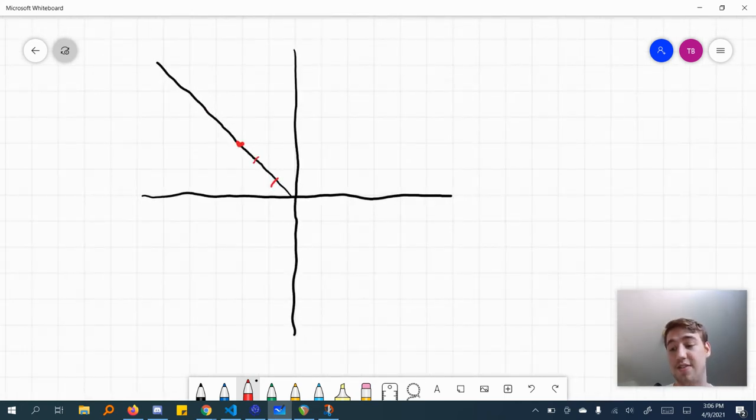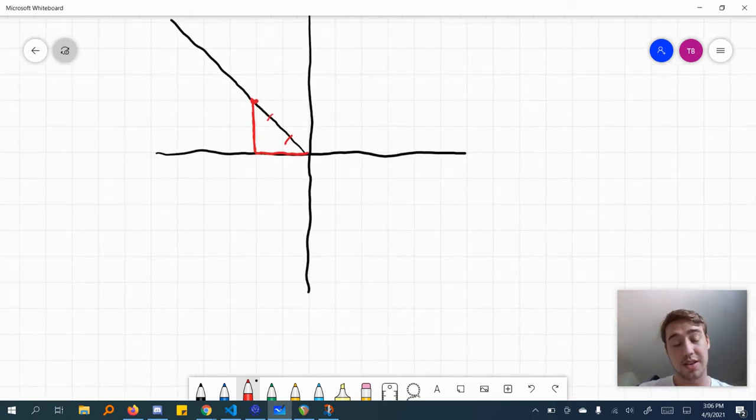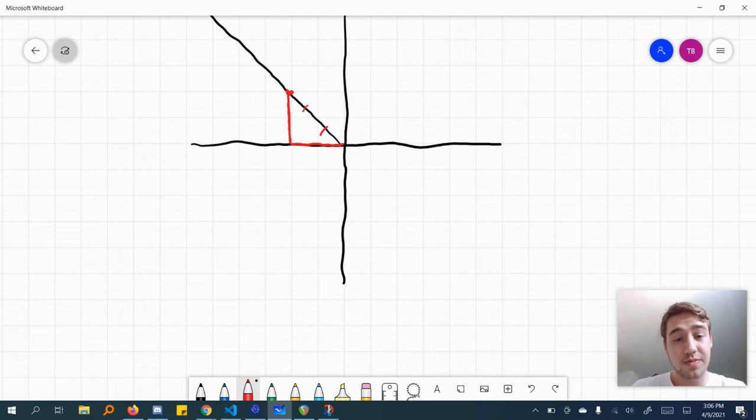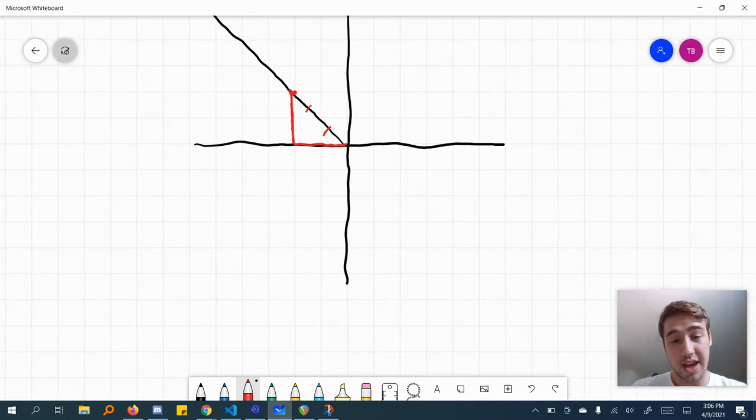Now really, if you're going to have a line of this length and an angle like that, all you need to do is go back to the trig functions that got us there. So that's going to mean that the y value is going to correspond to, since this is the opposite and the 2 root 2 is the hypotenuse, I guess we'll find the reference angle to get us started.